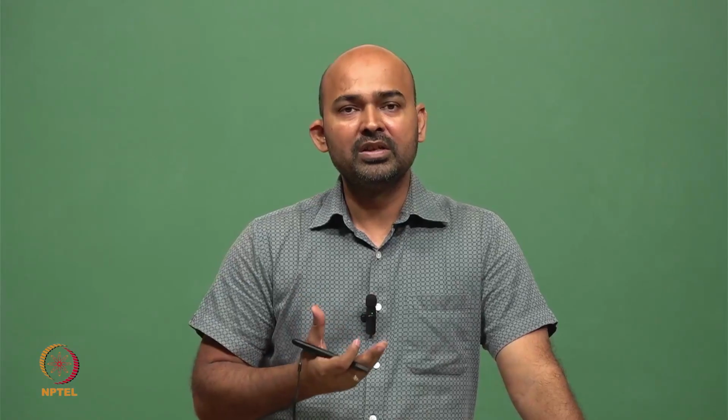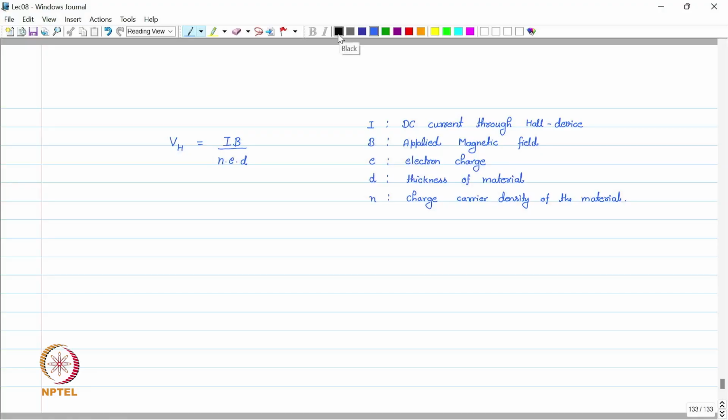Now let's think about the sensitivity of this Hall sensor. So let's write down the sensitivity. So we have this graph for Hall voltage VH, the Hall voltage developed if we change the magnetic field in this direction.